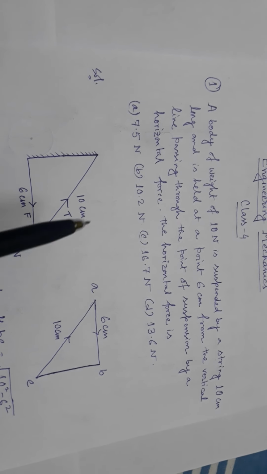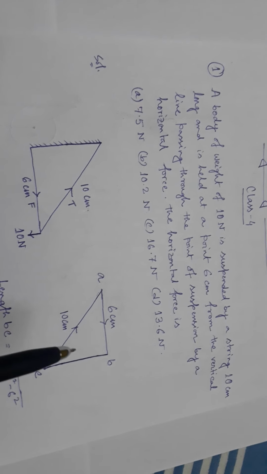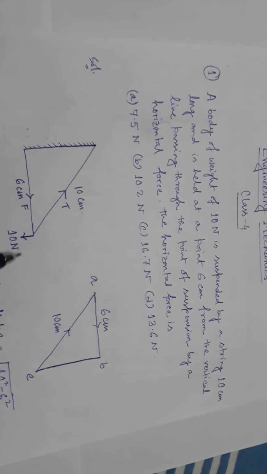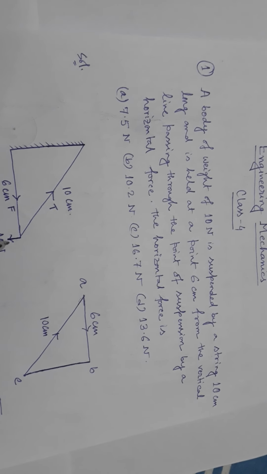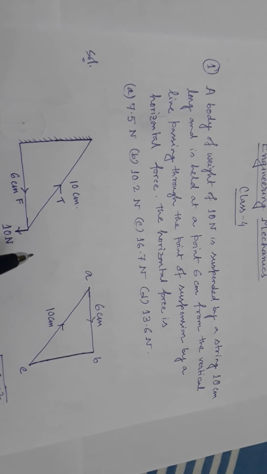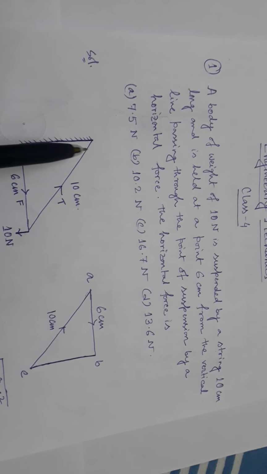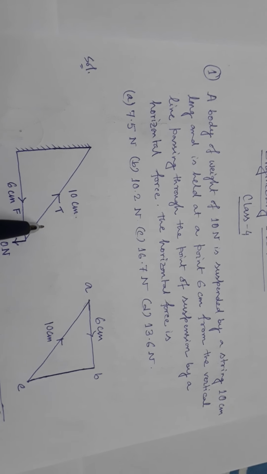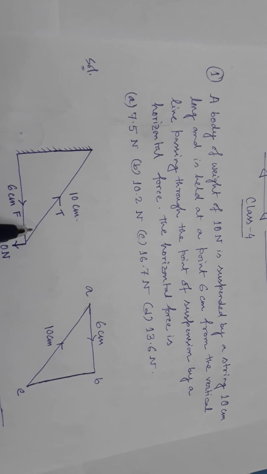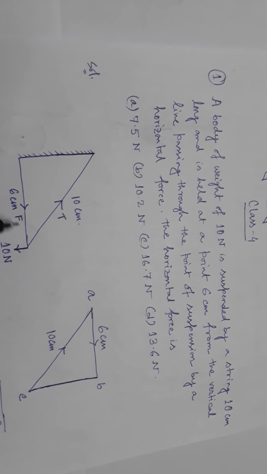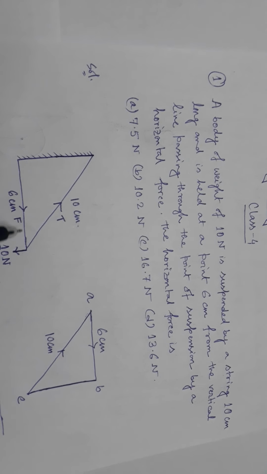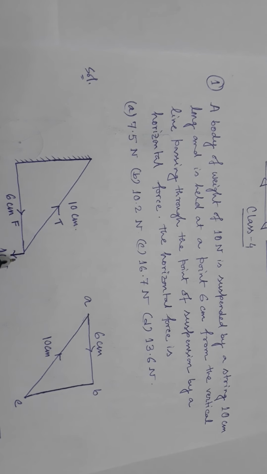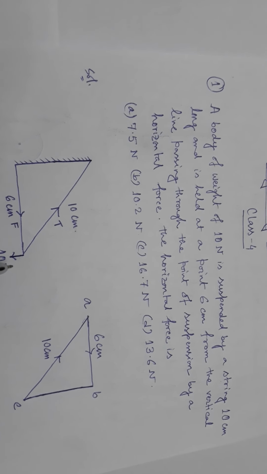If you simplify the diagram, you can draw a free body diagram from this main diagram. So a body of weight 10 Newton is suspended by a string 10 centimeter long, and is held at a point 6 centimeter from the vertical line, passing through the point of suspension, by a horizontal force.